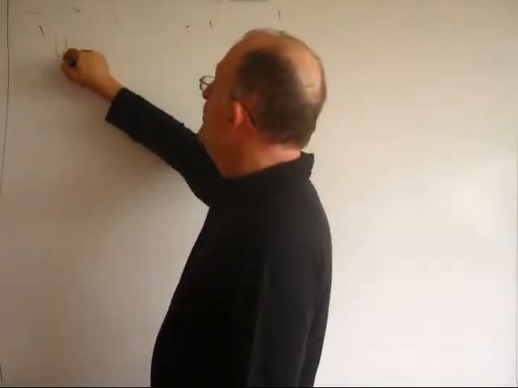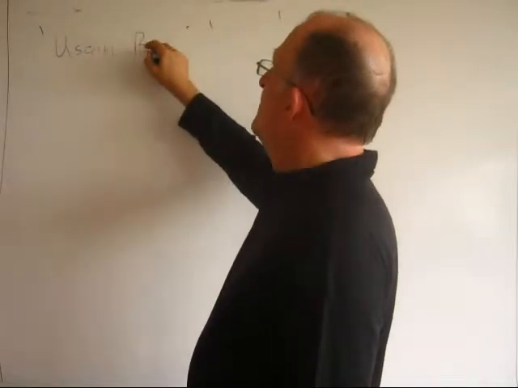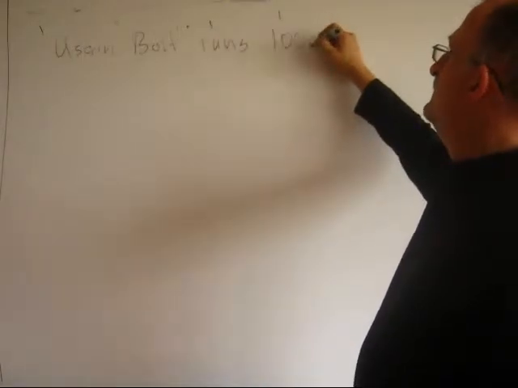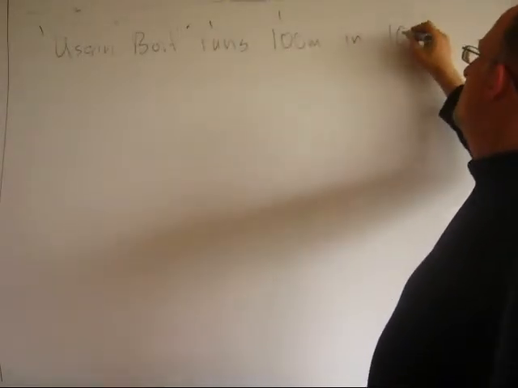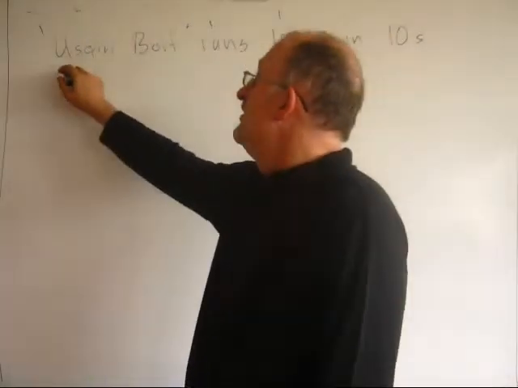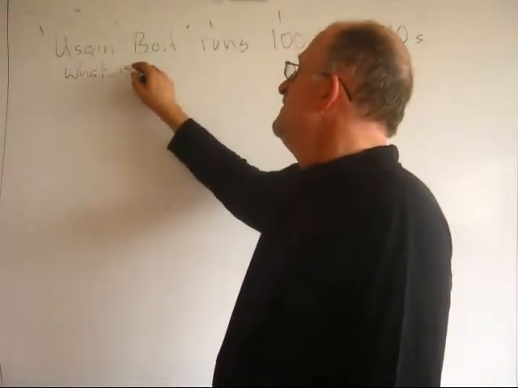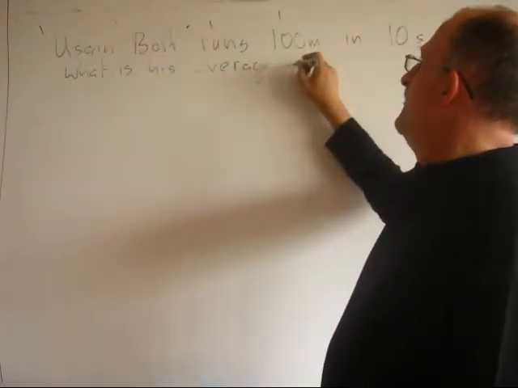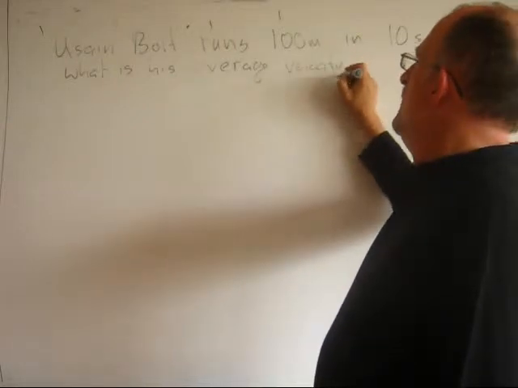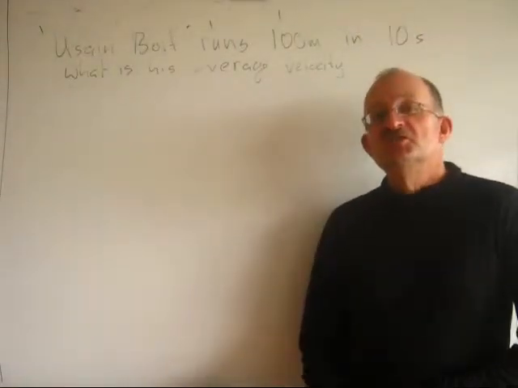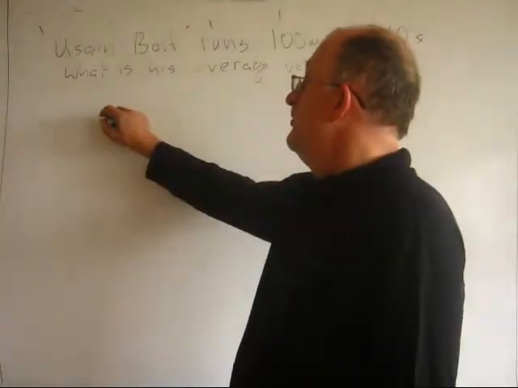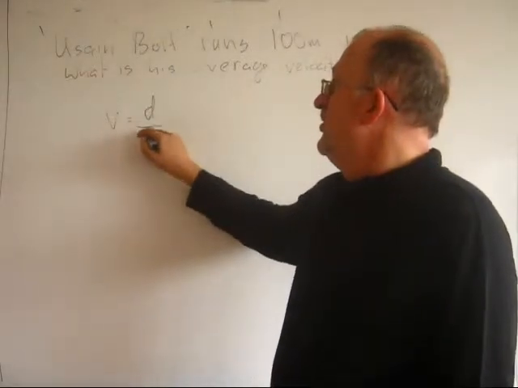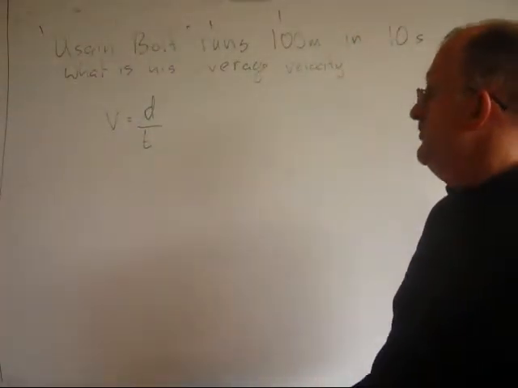So Usain Bolt is having a bad day, runs 100 metres in 10 seconds. What is his average velocity? Because there is no acceleration involved, we can just use the equation we were doing before. Velocity equals distance over time. So, remember we've got a whole series of steps.